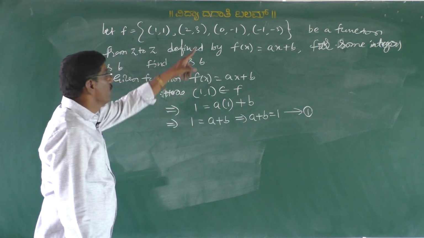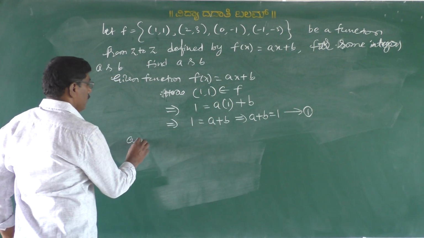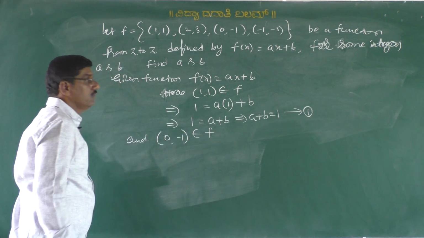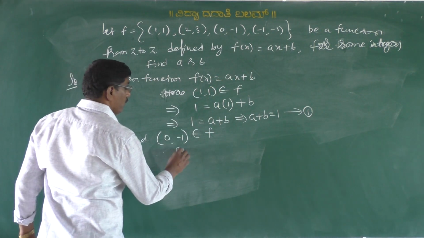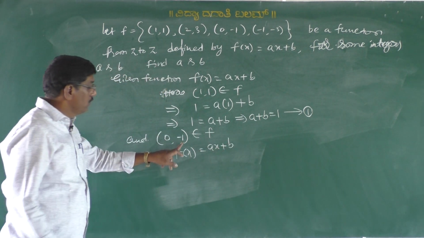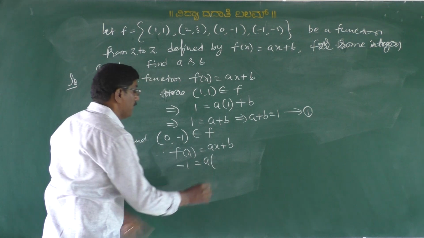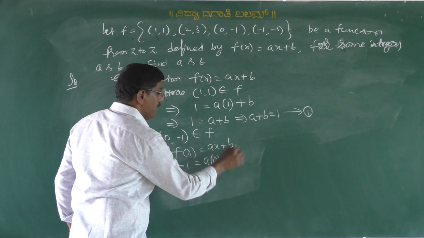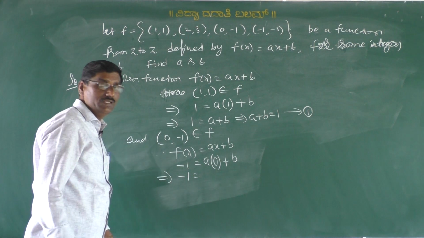Since (0, -1) belongs to f, f(x) = ax + b gives -1 = a·0 + b.